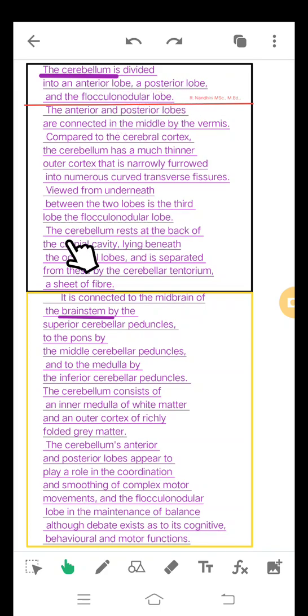Anterior lobe, posterior lobe and flocculonodular lobe. Then the cerebellum rests at the back of the cranial cavity, lying beneath the occipital lobe and separated from it by the cerebellar tentorium, a sheet of fiber.